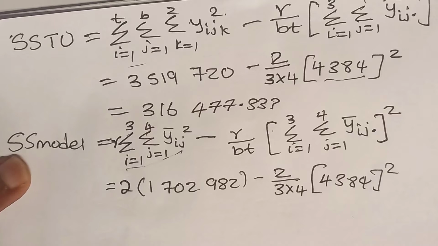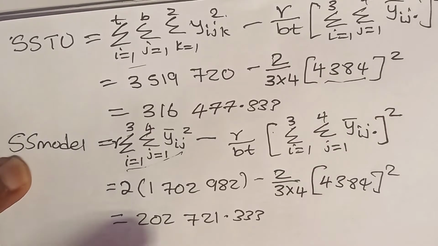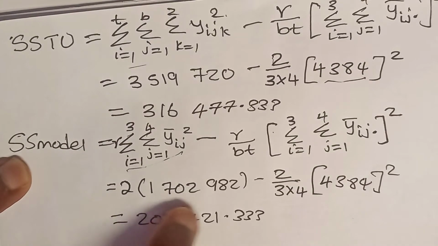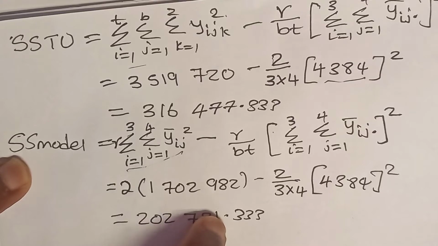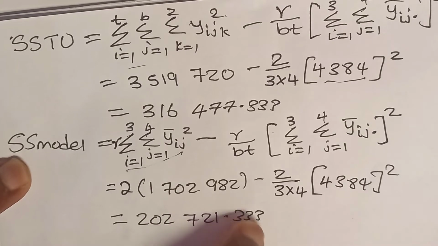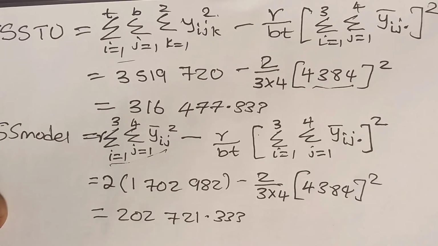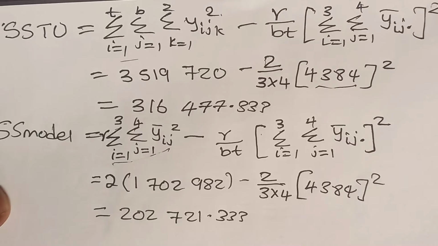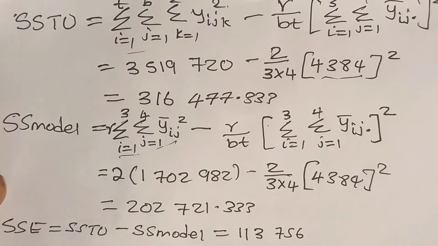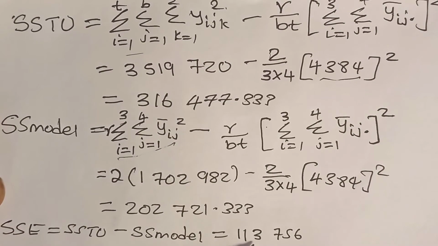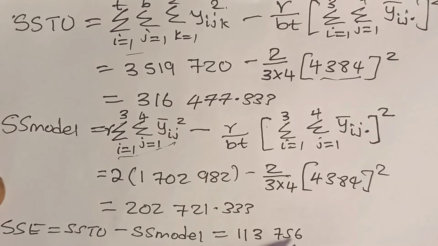So SS model is given by 202,721.333. We can also calculate SSE, which is nothing but SSTO minus SS model, which is 113,756.